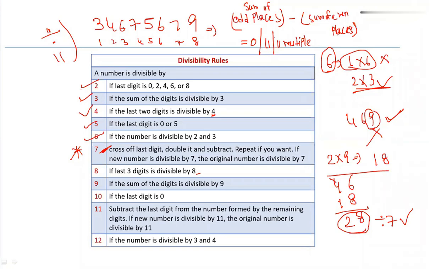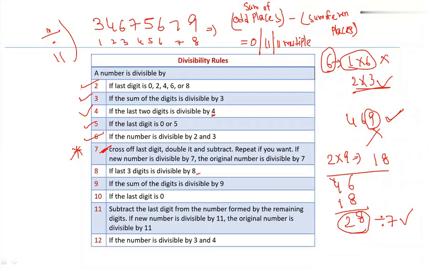I'm repeating it once again, guys. The divisibility rule of 11 is that you take the odd place values and the even place values, and sum the numbers in the odd places and in the even places. Then you take the subtraction: even place values subtracted from odd place values, from the highest one.